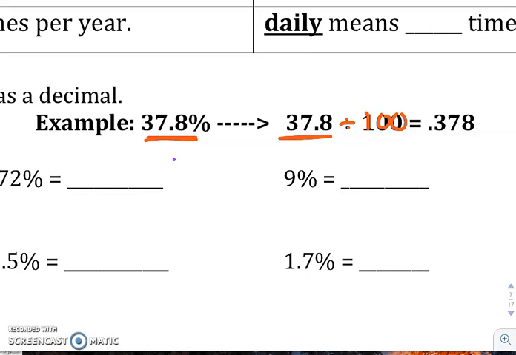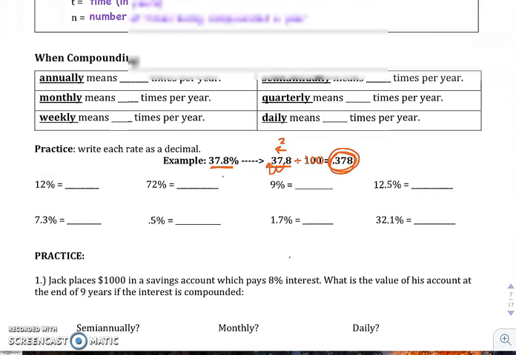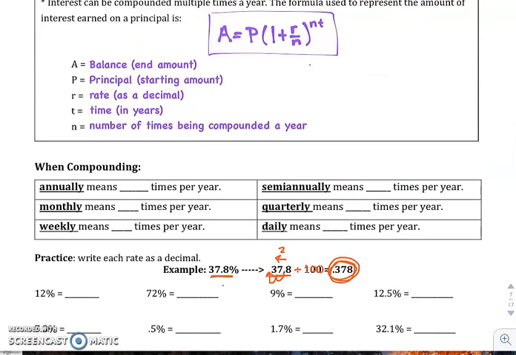because 100 has two place values, it's 10 times 10, really all you're doing is taking that decimal and moving it two places. So whether you know to move it two places to the left or just divide by 100, that's going to be the value that you actually use as your rate in your formula.